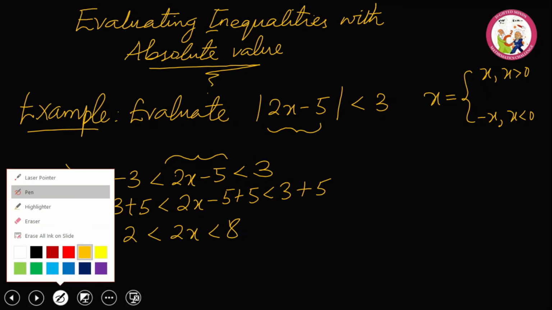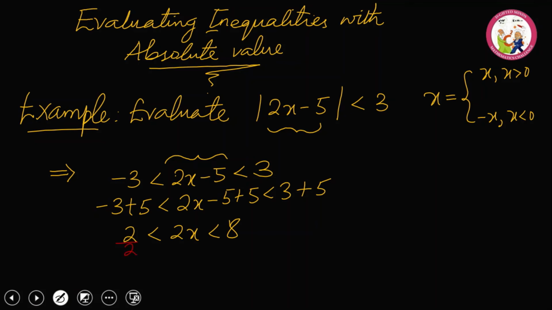Divide this part by 2, this by 2, and this by 2. Now 2 in 2 is 1, and 8 divided by 2 is 4. Finally we have our answer: 1 less than x less than 4. So the range of values of x that will satisfy this inequality are values between 1 and 4.